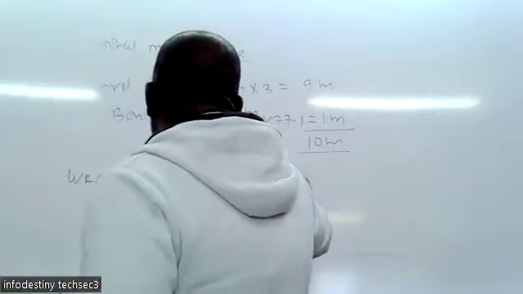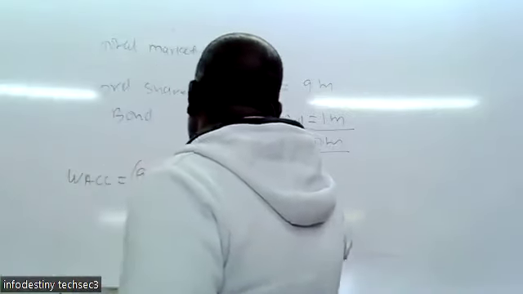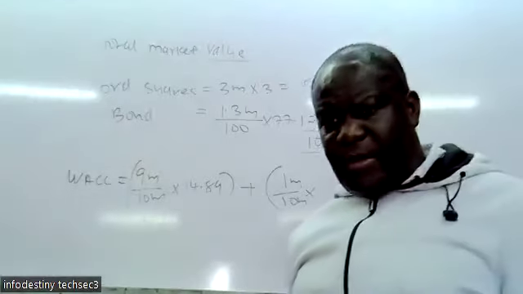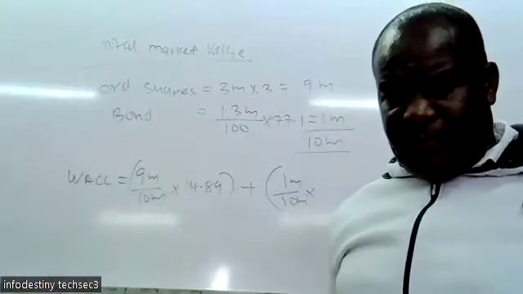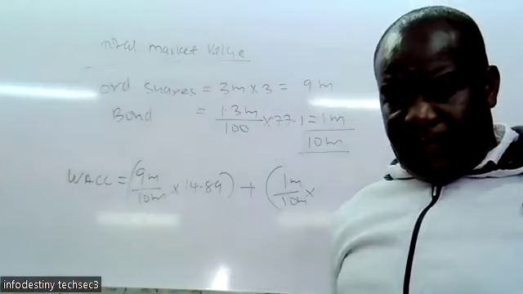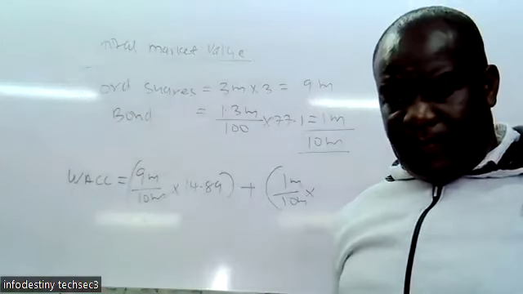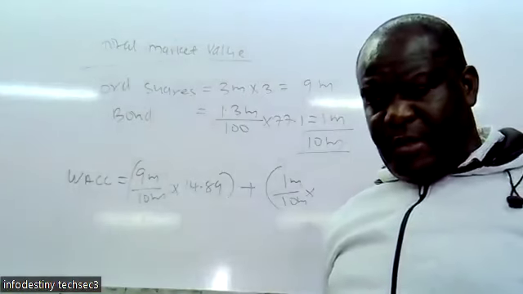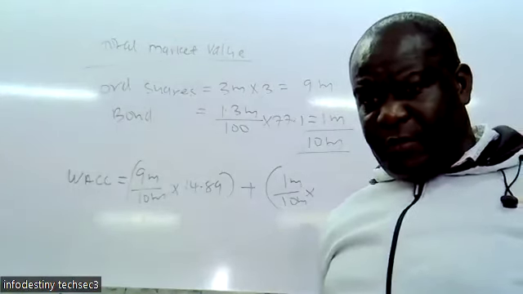Then this one is 1 million over 10 million. So what are we getting as the cost of the debenture or the bond?